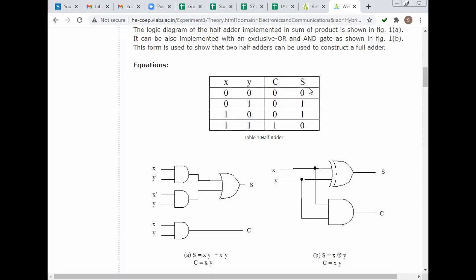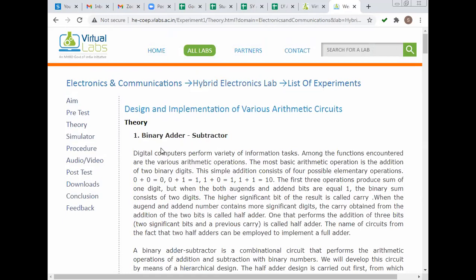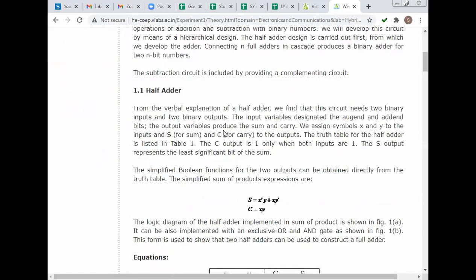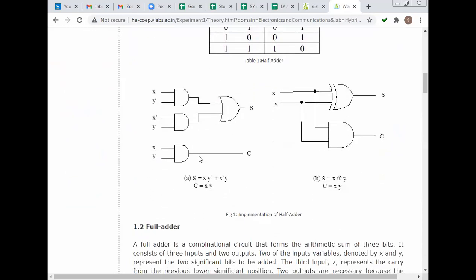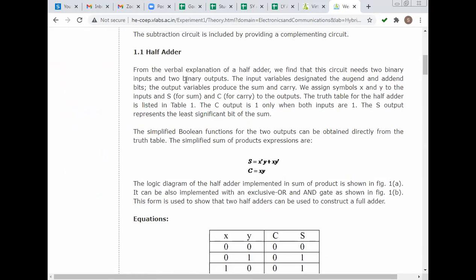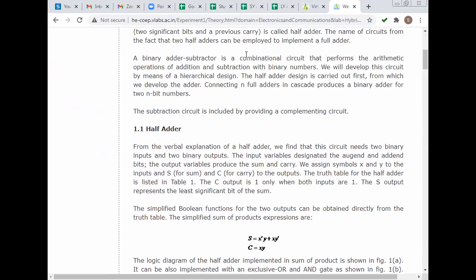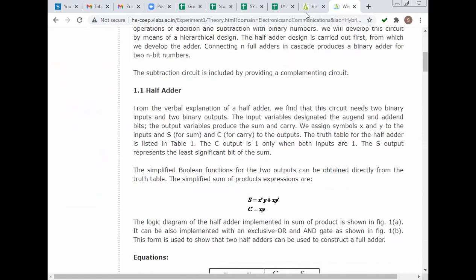Okay, in a full adder, three inputs are there. So 1 1 0 and 1 1. This is similar to binary addition or binary adder. Okay, so first you have to check a half adder. In a half adder, what happens? From the verbal explanation of a half adder, we find that this circuit needs two binary inputs and two binary outputs. Which are the two binary inputs?